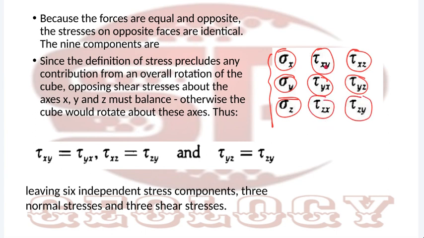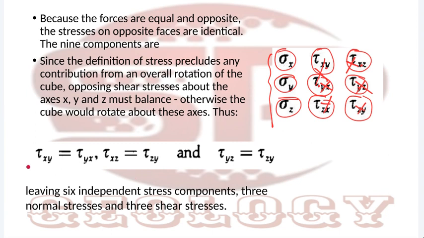So tau xy and tau yx will cancel each other. Tau xz and tau zx will cancel each other. Then yz and zy will cancel each other. Because all the shear stresses are equal and opposite to each other, they cancel the effect.